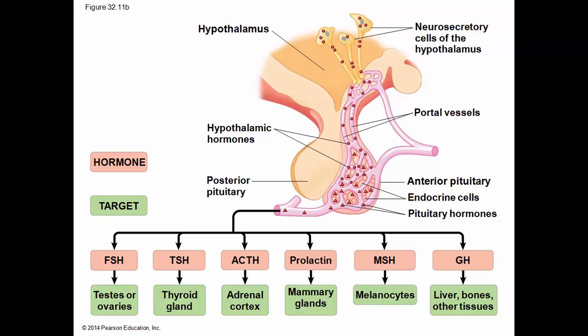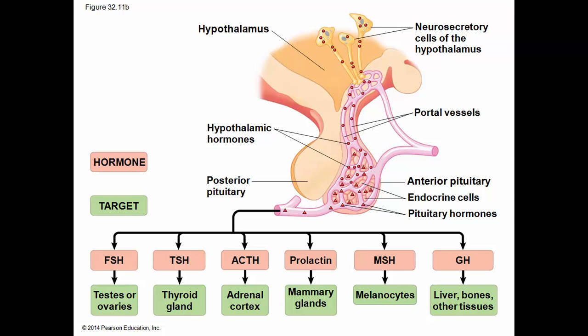Okay, here are the roles of the hypothalamus and the anterior pituitary. Hormones produced by the hypothalamus regulate the anterior pituitary. The hypothalamic hormones are secreted near the capillaries at the base of the hypothalamus. These vessels connect directly to the secondary capillary bed in the anterior pituitary.